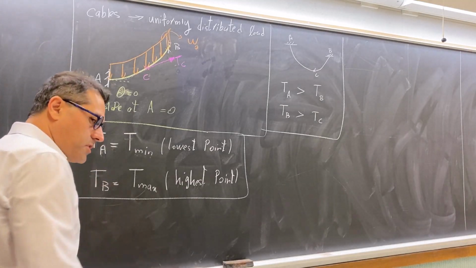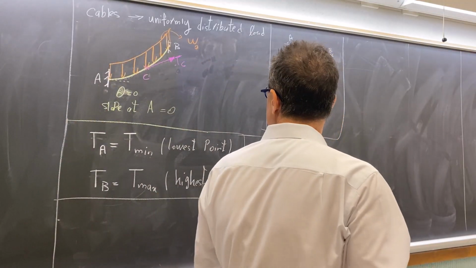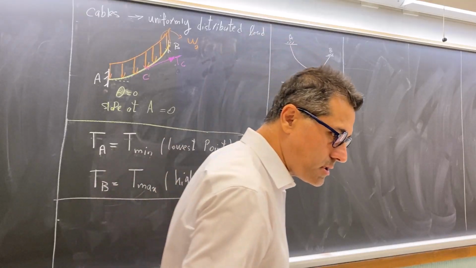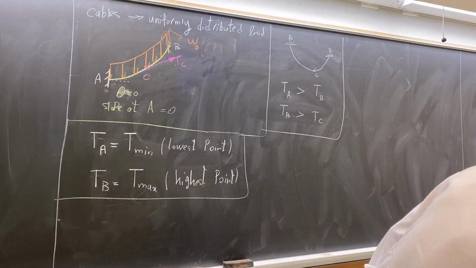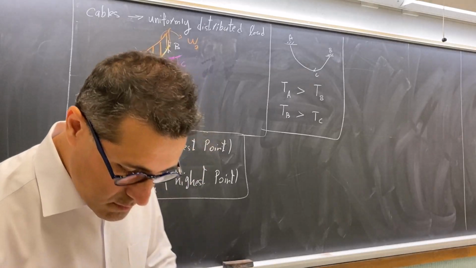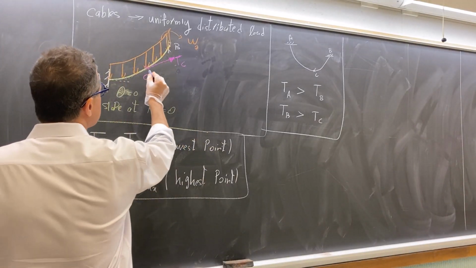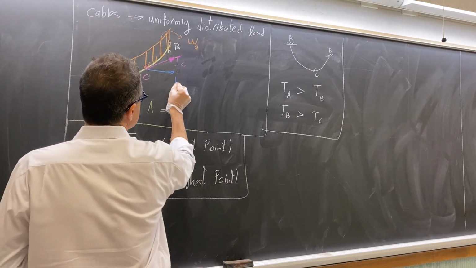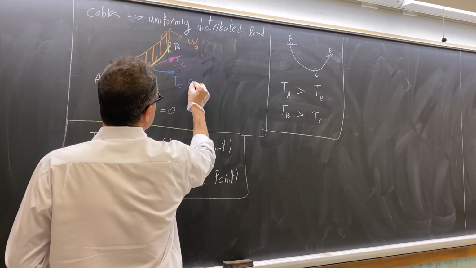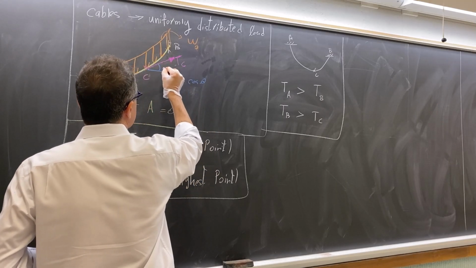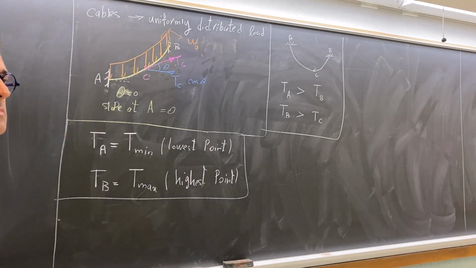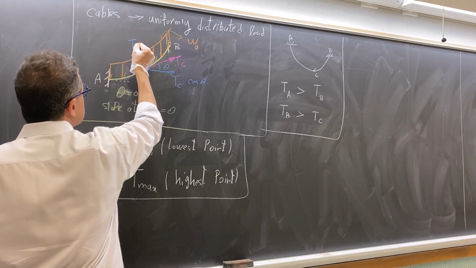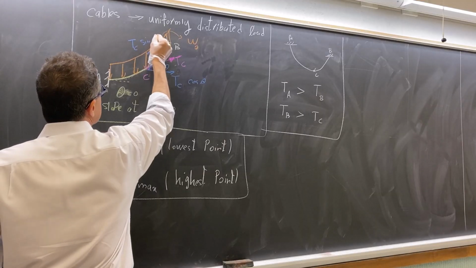And I'm going to find the components of this tangent line. What color? Let's go for brown, blue. So I find the horizontal and vertical components of this TC. This one is TC times cosine theta, if this angle is theta. And this one is TC times sine theta.